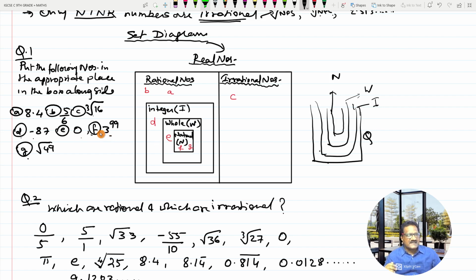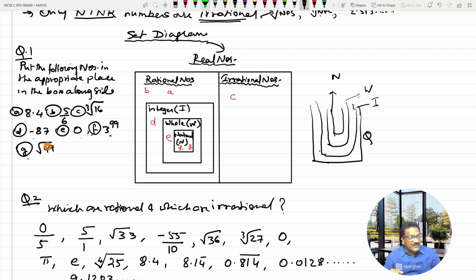Then F is 3 raised to 99. 3 raised to 99 is a huge number, a big positive number, so you can say it is a natural number. So F, 3 raised to 99, I have put in natural numbers. And root of 49, don't think that because it is under a radical sign it will be irrational. No, root of 49 is inside the square root sign, but 49 is a perfect square.